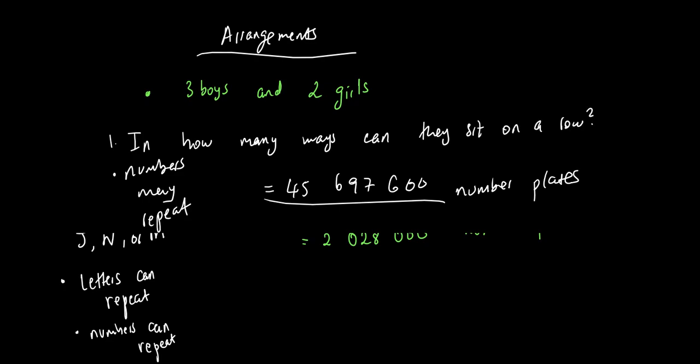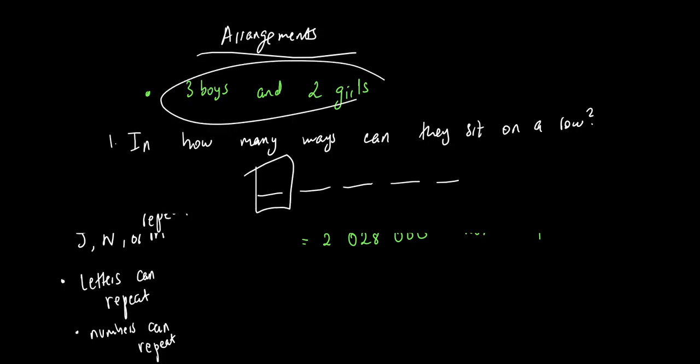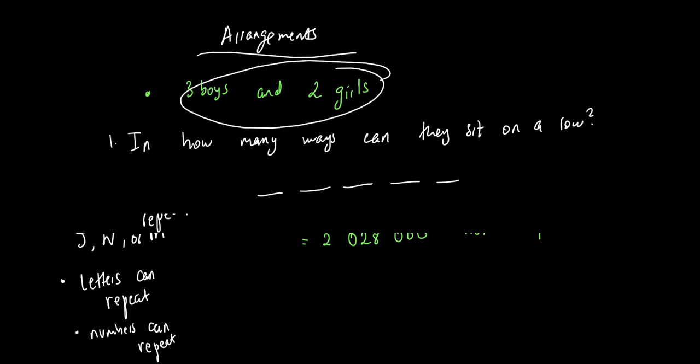How do you solve that? Well, you just have to count the number of spaces, the number of seats you're going to need. You have 3 boys and 2 girls. How many seats are you going to need? 1, 2, 3, 4, 5. You're going to need 5 seats. On the first seat, any of them can come. Any of the people here can come and occupy the first seat.